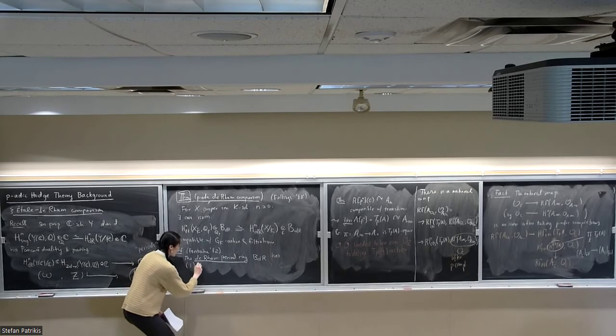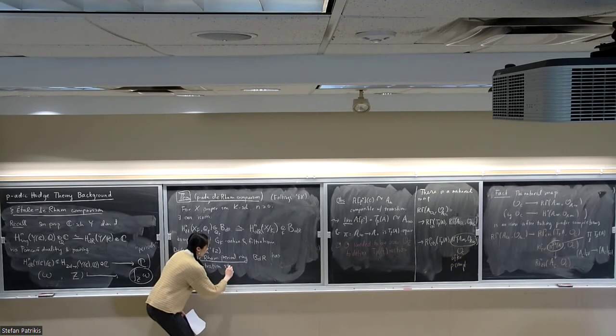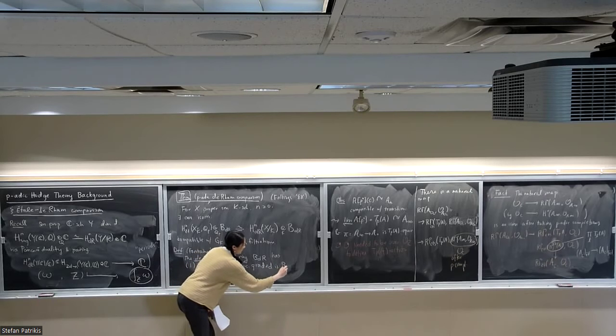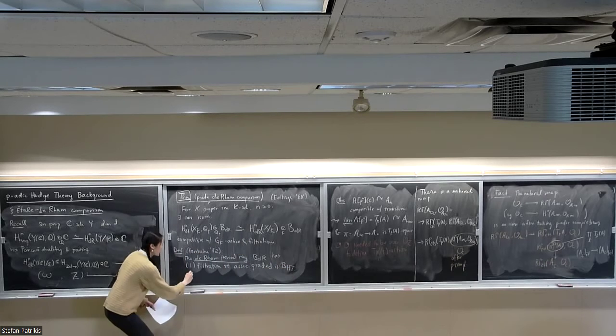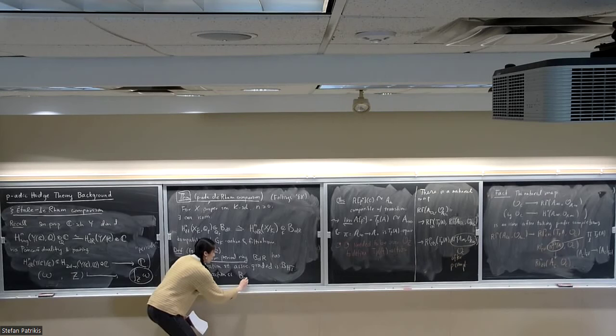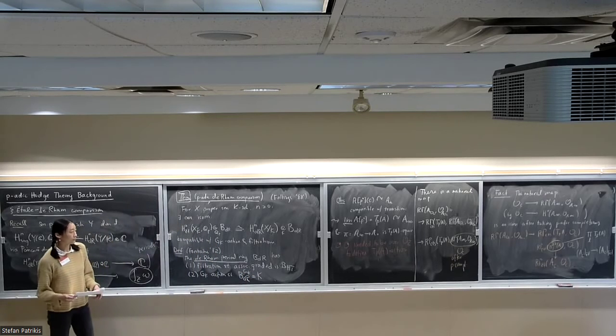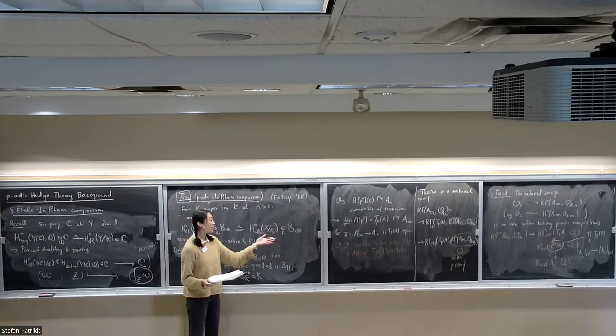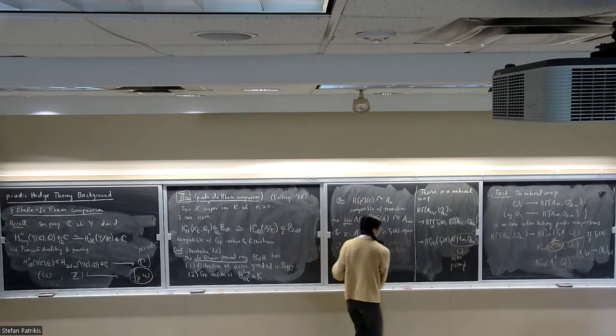Namely, it has a filtration, which will be indexed by Z, such that the associated graded is B_Hodge-Tate. And it should also have a Galois action, such that the fixed part of the Galois action is just K itself. And so these two properties will give the left-hand side of the theorem a filtration and give the right-hand side of the theorem a Galois action. Can I ask a question?